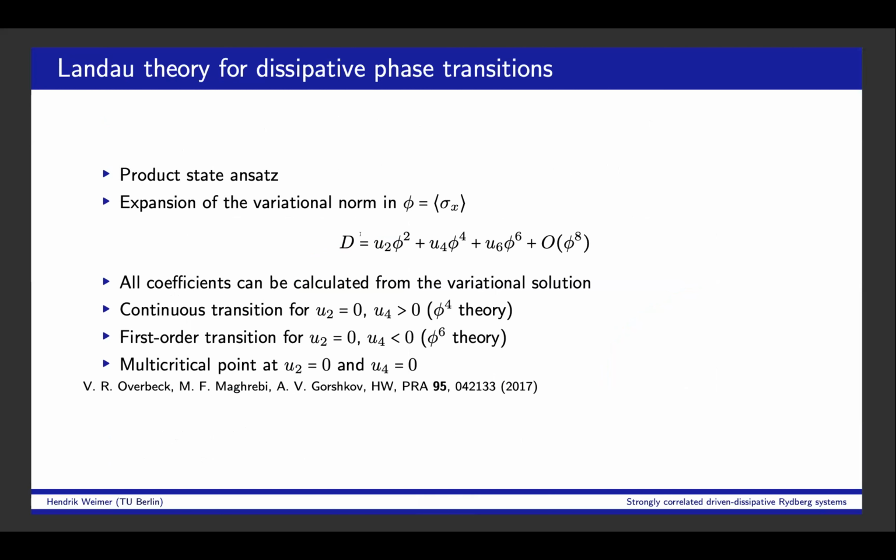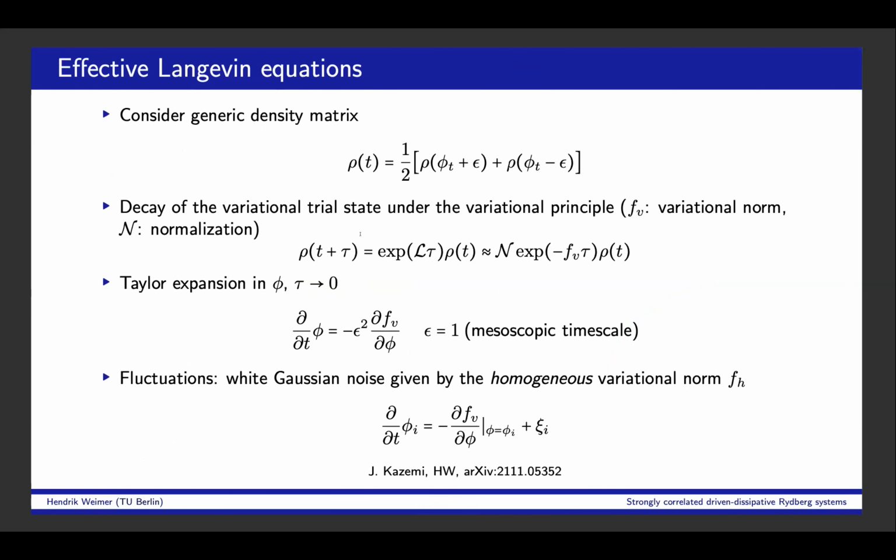Like you can make dissipative versions of Landau theory, so you can find all sorts of fancy things there. What we can also do now is not just go to the steady state, but also look at the way the system relaxes to the steady state. So you can come up with effective Langevin dynamics that describe how you approach the steady state. But yeah, ask me about that if you're interested in it.